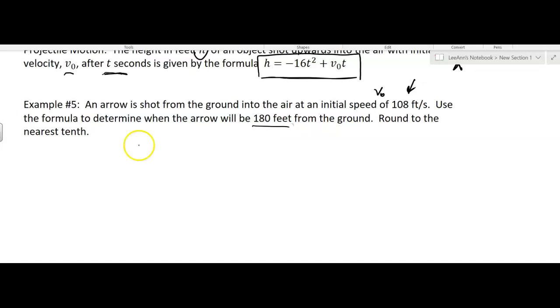Okay, so the h, the height, is equal to negative 16t squared plus, and now our v naught is 108t. But we also know the height. We're trying to figure out when it's going to be 180 feet from the ground. So we want to know 180 equals negative 16t squared plus 108t.